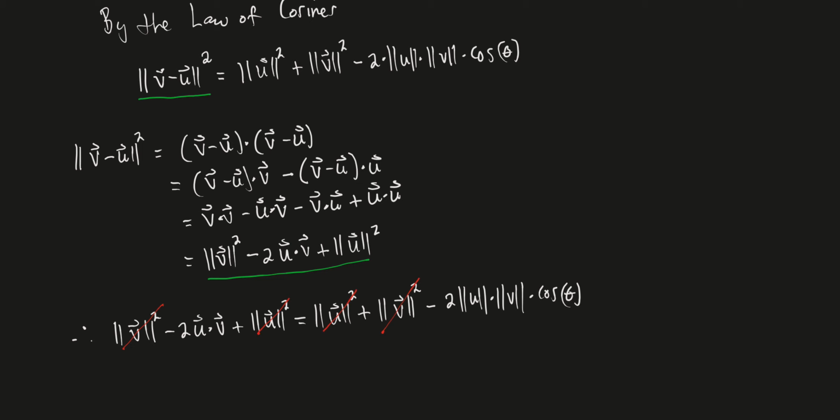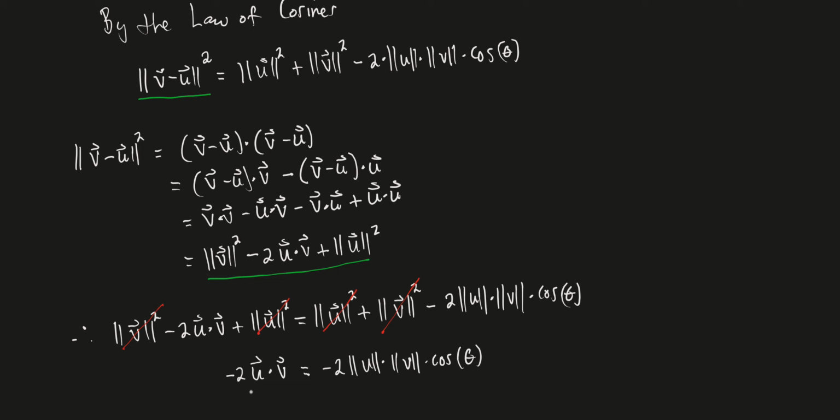Now we're left with negative 2 u dot v equal to negative 2 times the magnitude of u times the magnitude of v times the cosine of the angle.